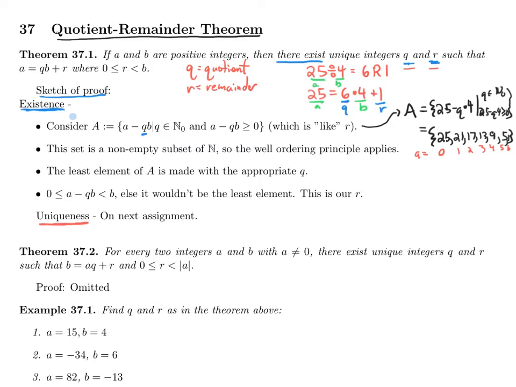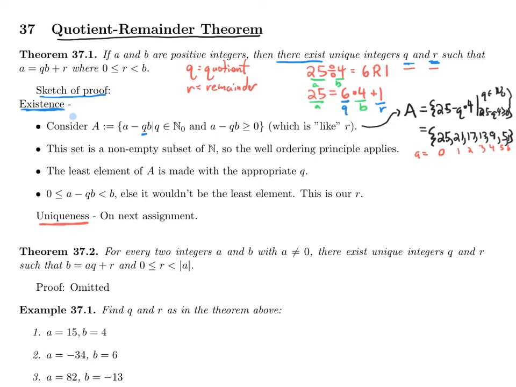If you remember from way back in chapter 4, when we started talking about induction, we talked about the well-ordering principle. It basically said that any nonempty subset of the natural numbers has a least element.